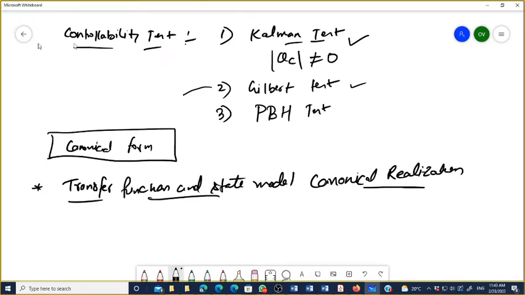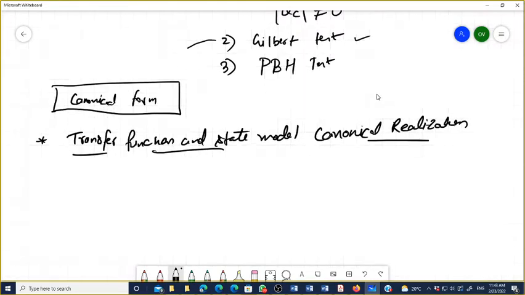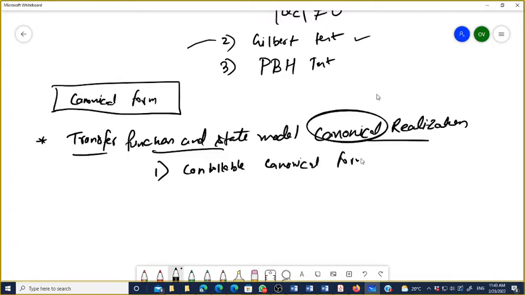So what are the different types of the canonical form? We will cover what the canonical form is and the different types. First one is the controllable canonical form. Second is the observable canonical form.